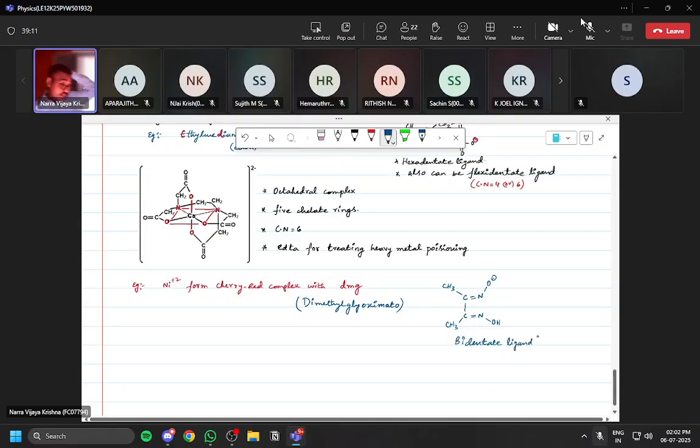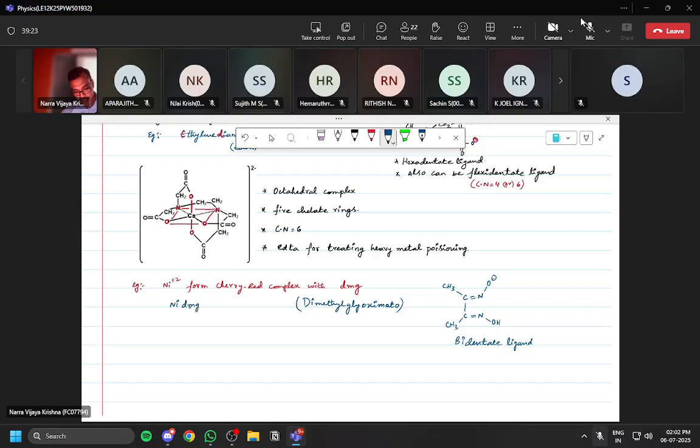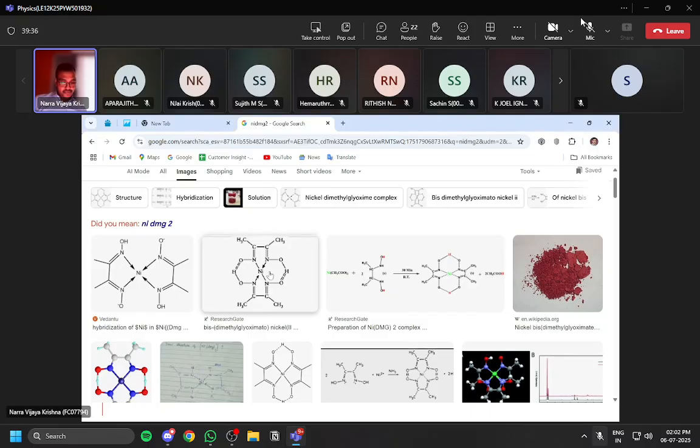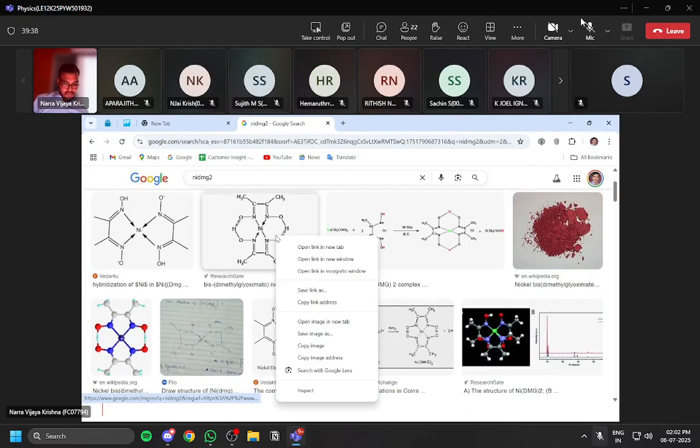And one old JEE question. Number of chelating rings possible in the Ni(DMG)2 complex. This is the complex. Number of chelate rings. Chelation means ring formation. Number of chelate rings possible in the Ni(DMG)2 complex. Can I take this image?